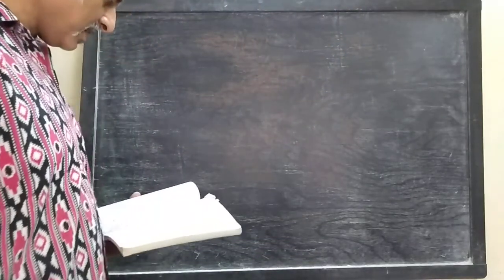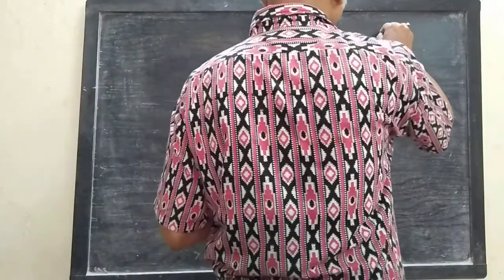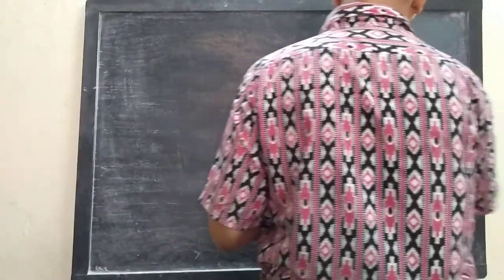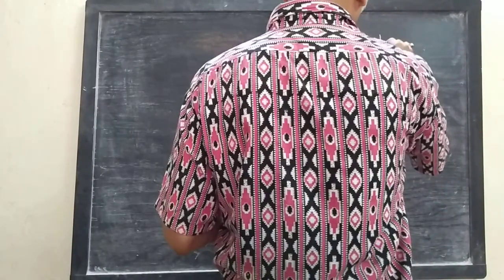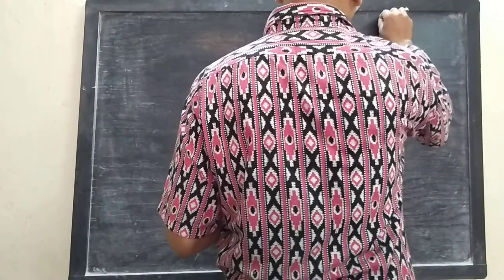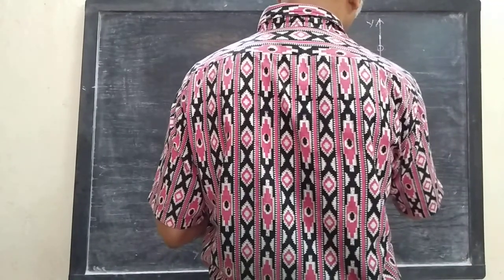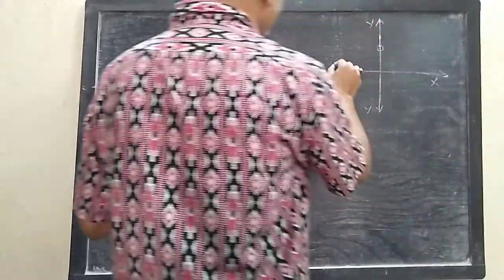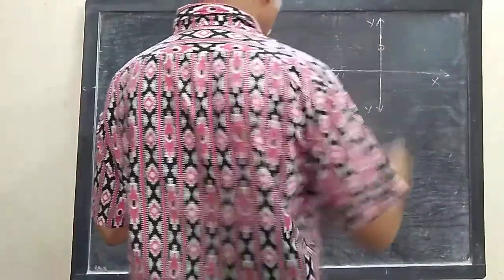The first question: a circle touches the y-axis at (0, 5). These are coordinate axes, and this is (0, 5).